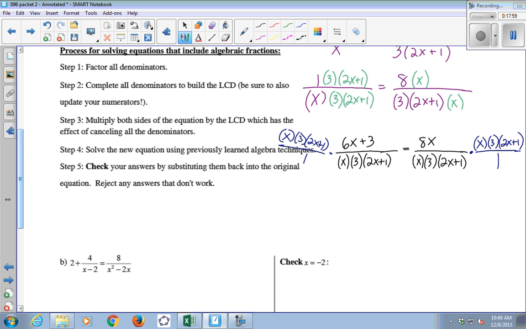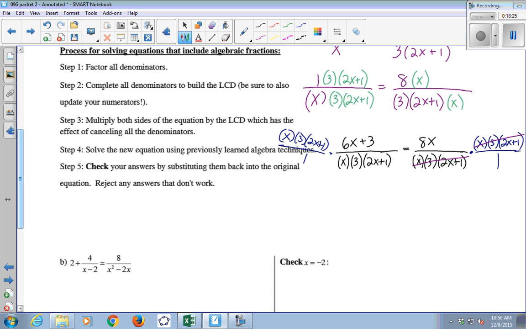The whole purpose of this step is that now I can cancel. When you do 8x divided by a quantity and then multiplied by that same quantity, the division and the multiplication undo each other, right? So this says 8x divided by the common denominator times the common denominator. That division and multiplication undo each other and they all cancel.